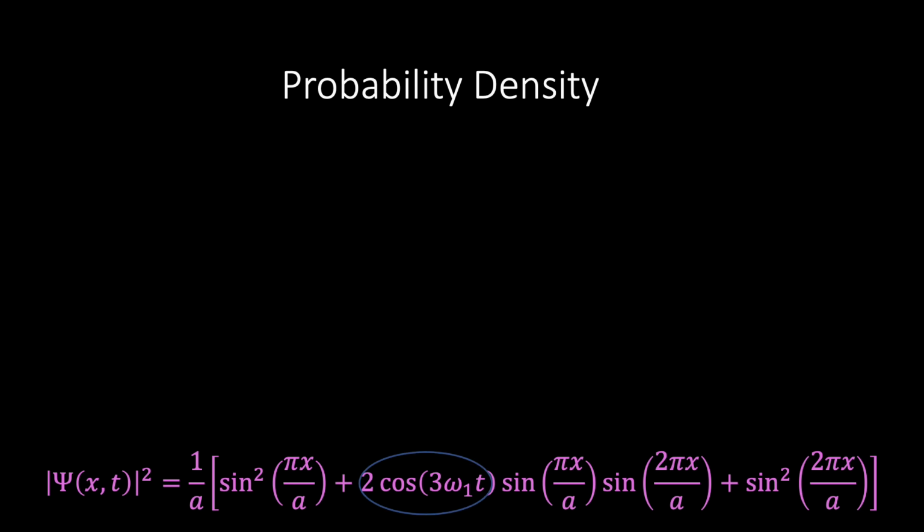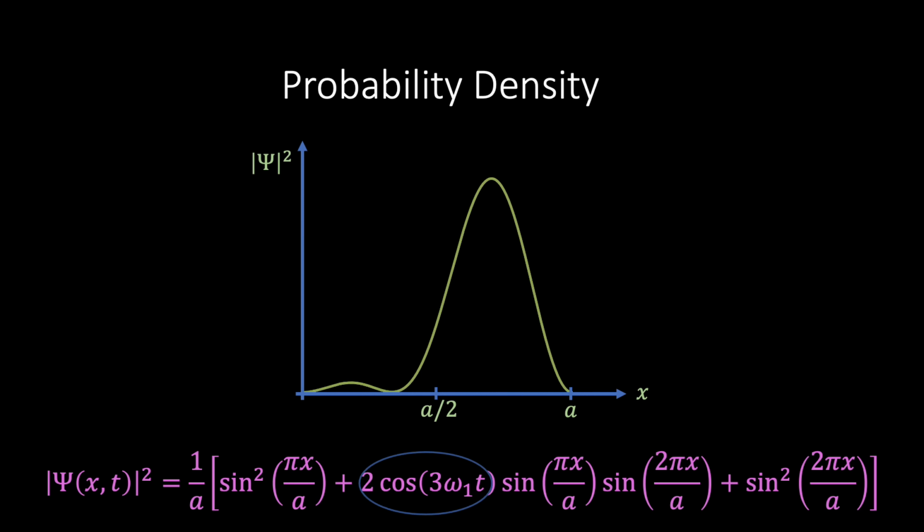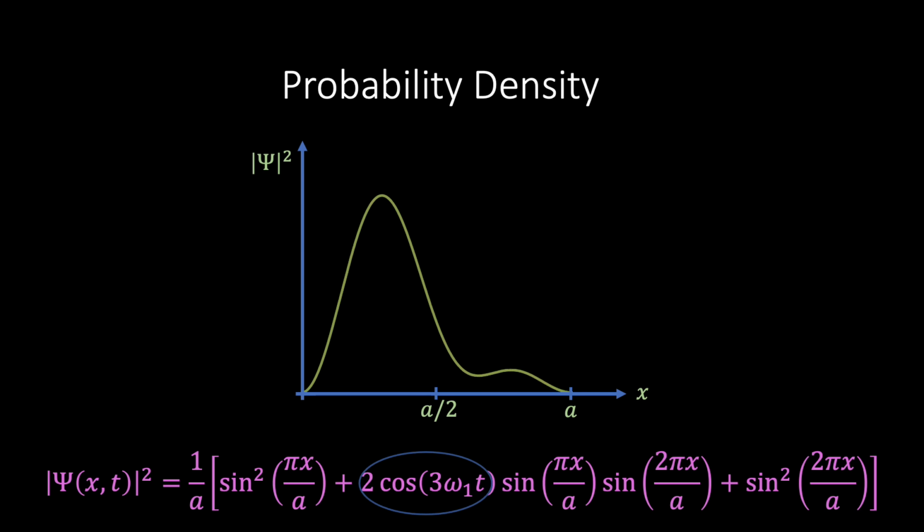To gain a bit more insight into how this term affects the probability density, and to help visualize what's going on, let's plot a graph of probability density on the y-axis and x position on the x-axis. We see that the presence of the time cosine term has caused the probability density curve to oscillate back and forth about the centre of the box with a characteristic frequency.